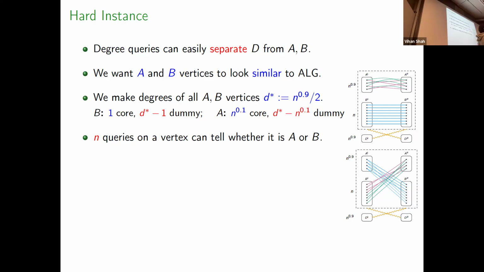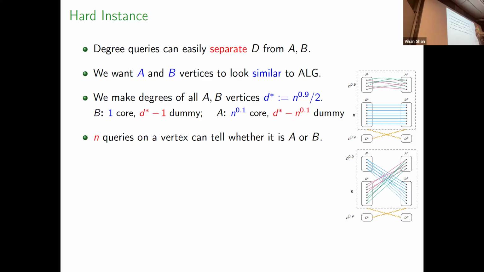All right. But do you see why if you make n queries on a vertex, you can say whether it's A or B? Exactly. You look at all the neighbors you get, you see how many of them are in the core and how many of them are in the dummy.